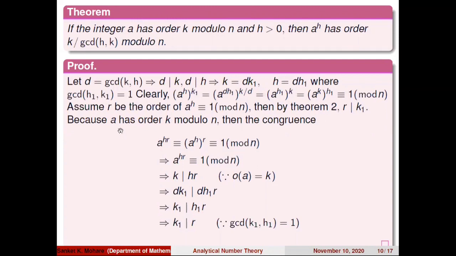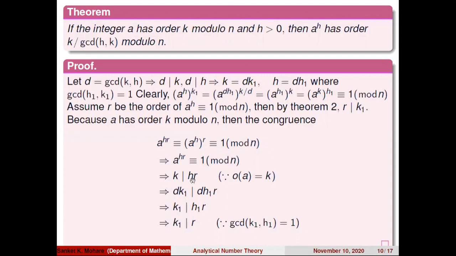Now as A has order K modulo n, the congruence relation A to the power HR is equal to (A to the power H) to the power R. But (A to the power H) to the power R is what? Congruent to 1 modulo n. Why? Because R is the order of A to the power H. So this implies A to the power HR is congruent to 1 modulo n, so this implies K divides HR.